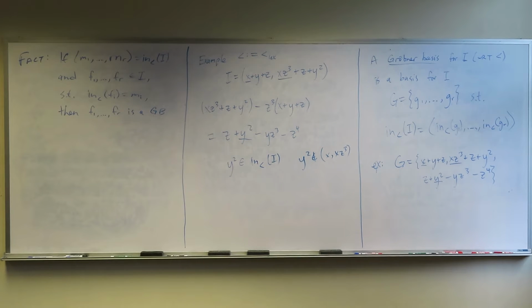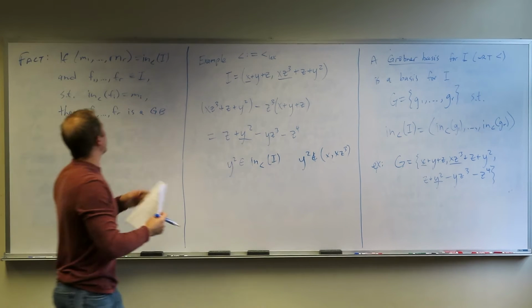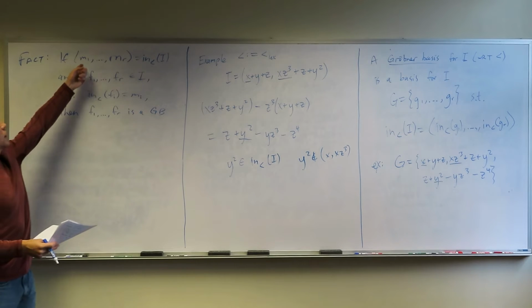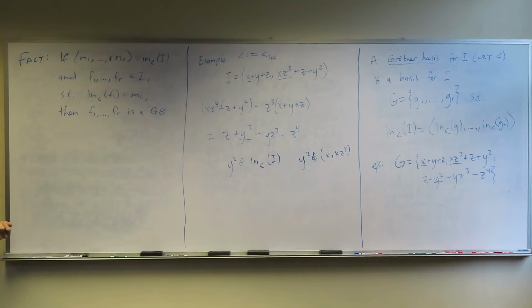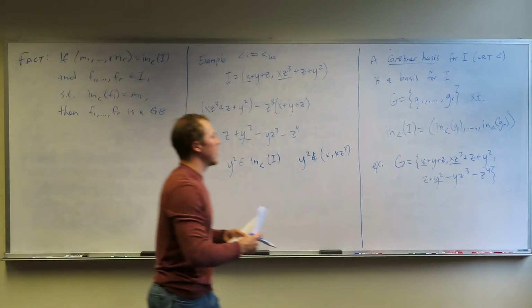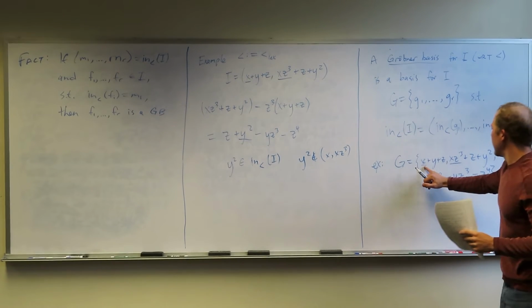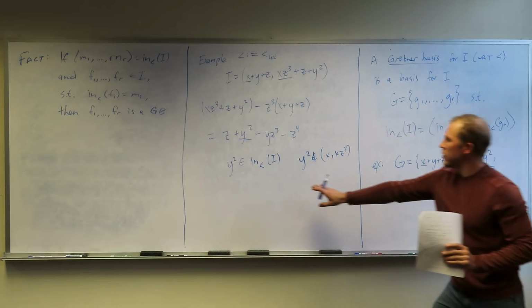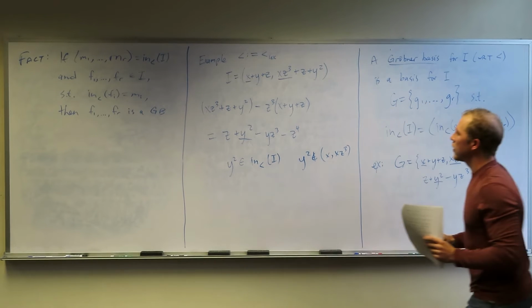Did I get that right? Mm-hmm. Cool. So if we have polynomials such that the initial terms match up with the monomials we need to generate the initial ideal, then we know right away that it's a Gröbner basis. And since I can have this thing and that thing, then I've generated my entire initial ideal, right?